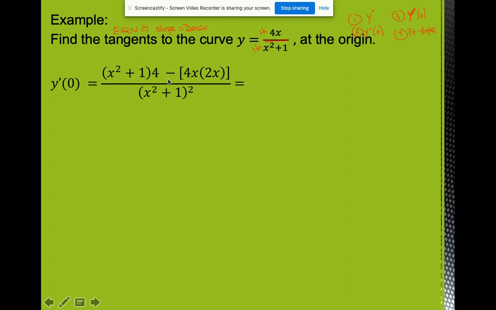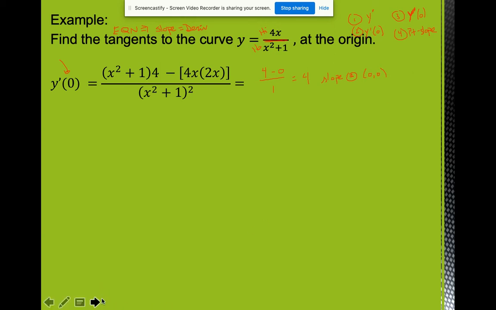Notice I am not going to clean this up at all because I'm going to be plugging in 0. Plug in 0, and what do you get? So this is the slope at the origin.